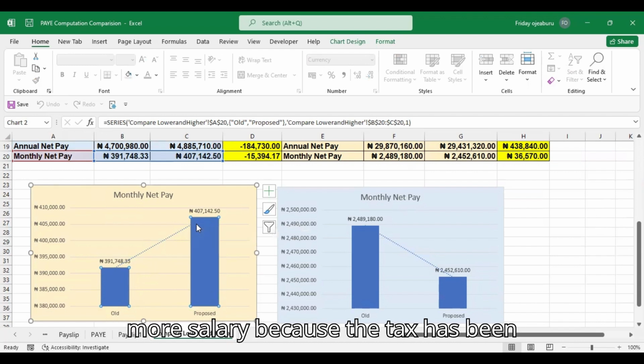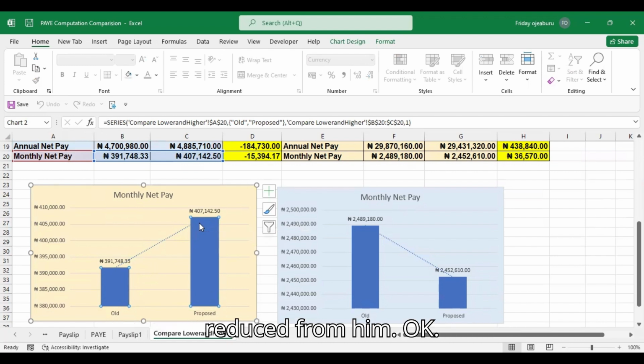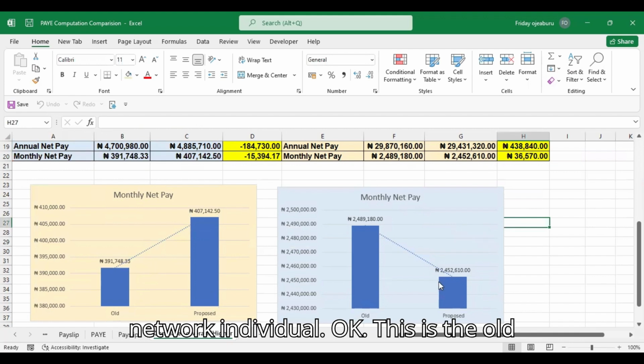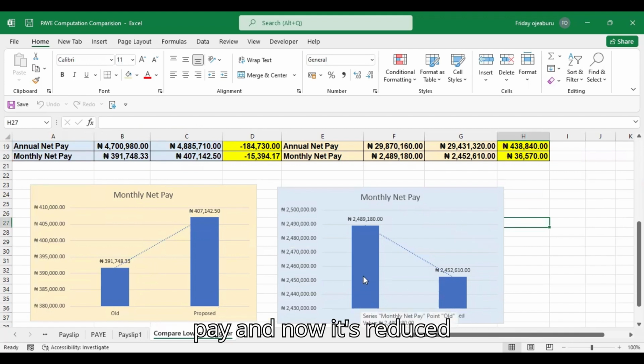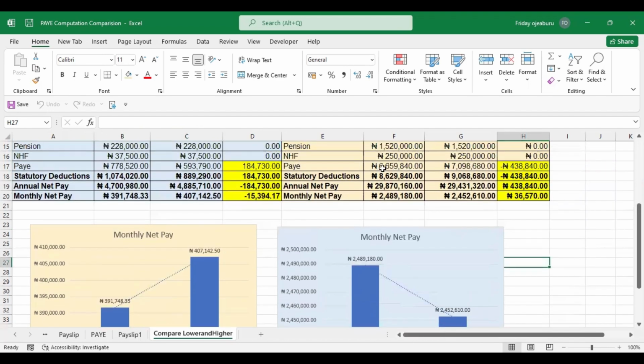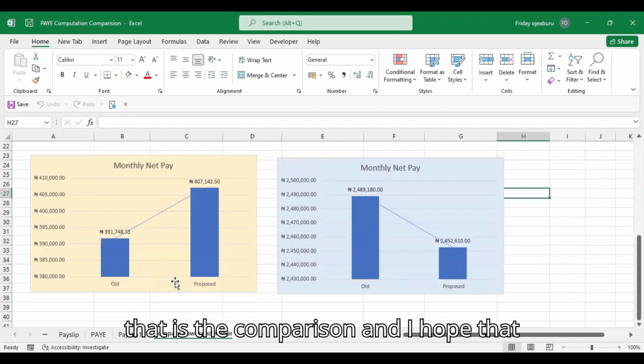He will earn more salary because the tax has been reduced for him. Okay. Meanwhile, for the higher net worth individual, okay, this is the old pay, and now it's reduced because higher tax is being paid by this employee.